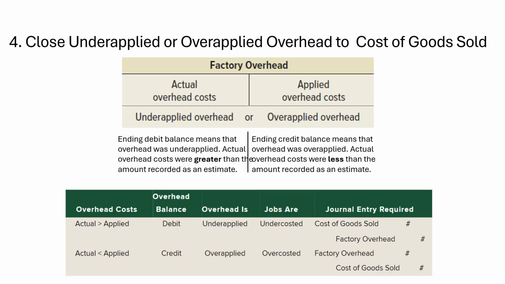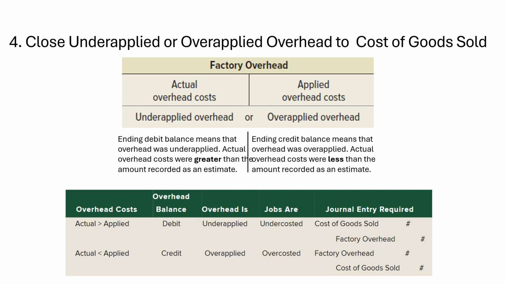This is a representation similar to what I just drew out in the T account in the previous slide. So the top image is showing the factory overhead T account, very similar to what I just did. The company applies overhead. Remember, applying is crediting factory overhead, using a predetermined rate estimated at the beginning of the year.